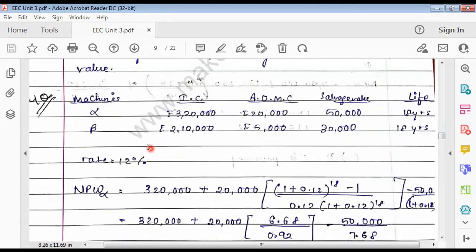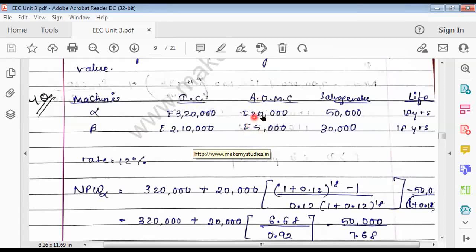Look at this question. Alpha and beta machines have an initial cost, IC, of 3,20,000 and 2,10,000 respectively. Then AOMC means annual operational and maintenance cost, which is 20,000 for alpha and 5,000 for beta respectively.